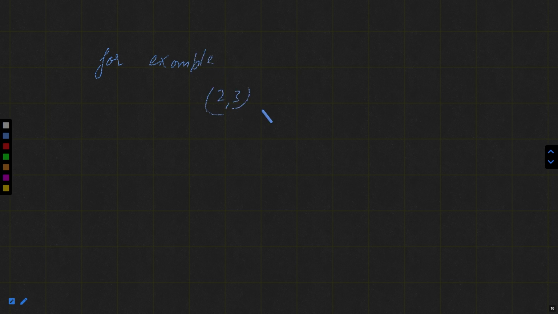this pair, (2, 3), is not equal to (3, 2). Why? Because 2, the first element of this pair, is not equal to the first element here in this pair.